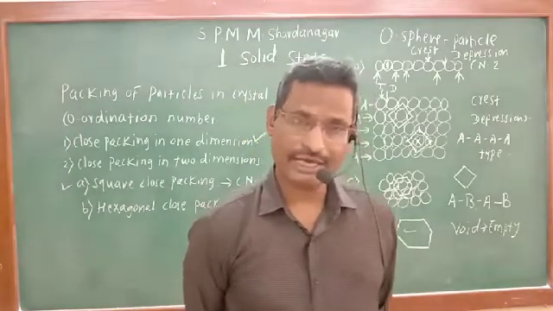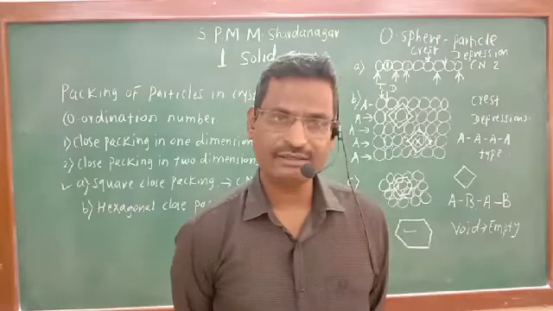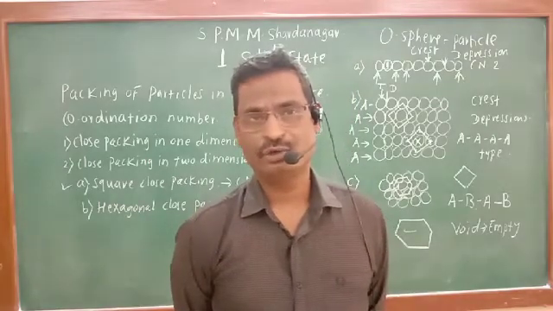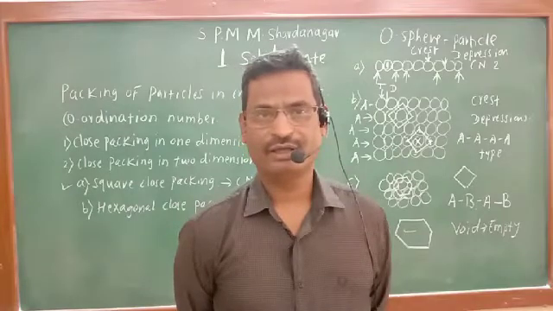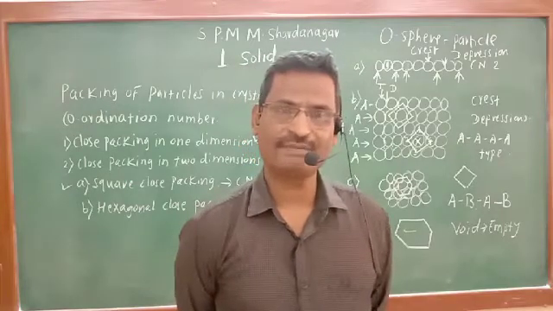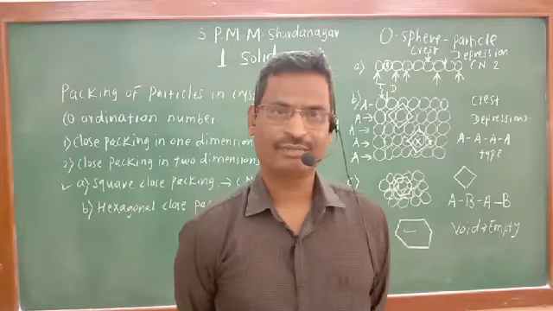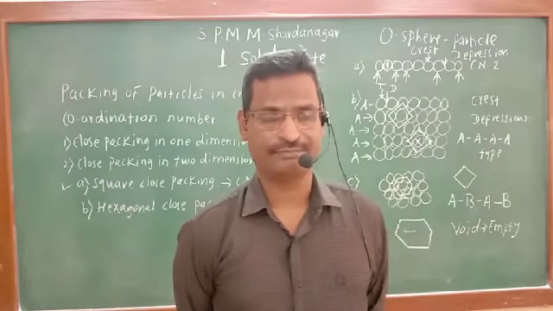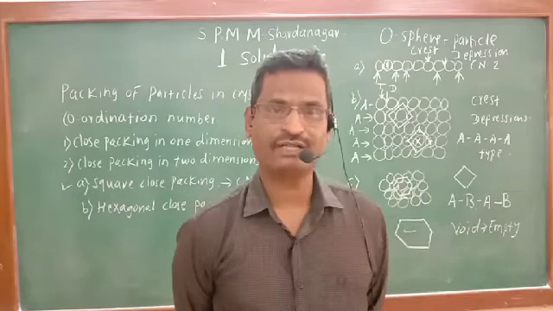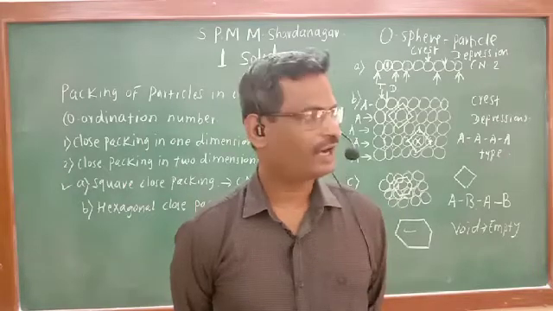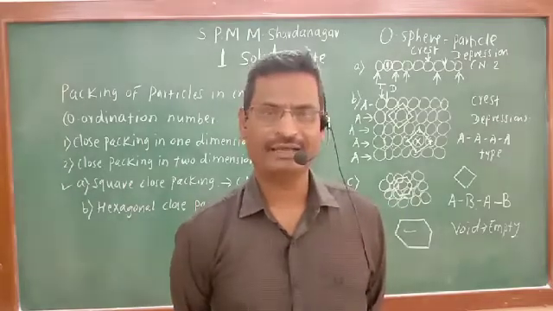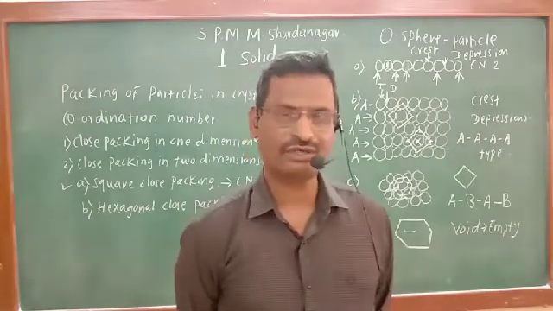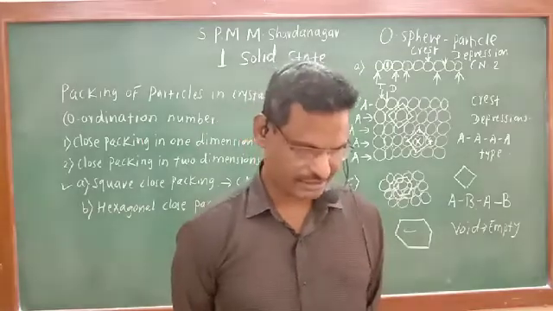Small a cube, where a is edge length, and for a cube we know all the 3 sides are of the same length. Length, height, width are same. Therefore a cube is nothing but the volume of unit cell, and capital N small a is nothing but the Avogadro's number. That expression we have studied in detail in the last lecture.